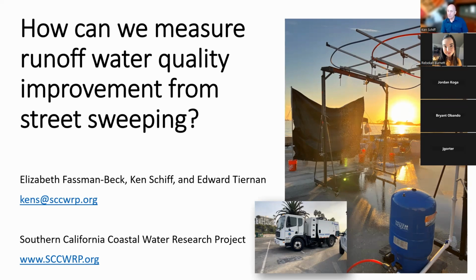And the third thing I hope you'll learn is how street sweeping can have impacts on not just what you measure in the sweeper itself, but on the water quality of the runoff when it rains. So hopefully you'll get those three things out of today.